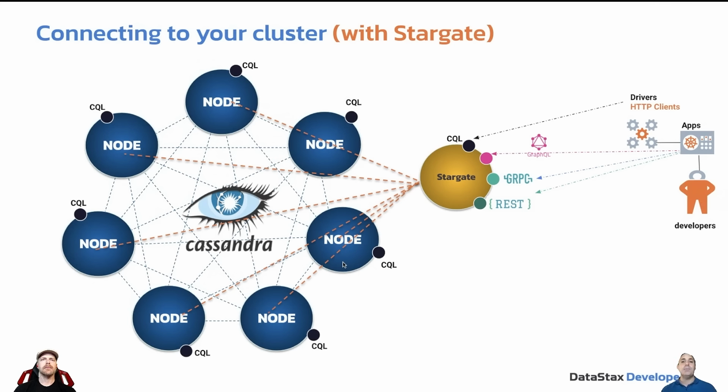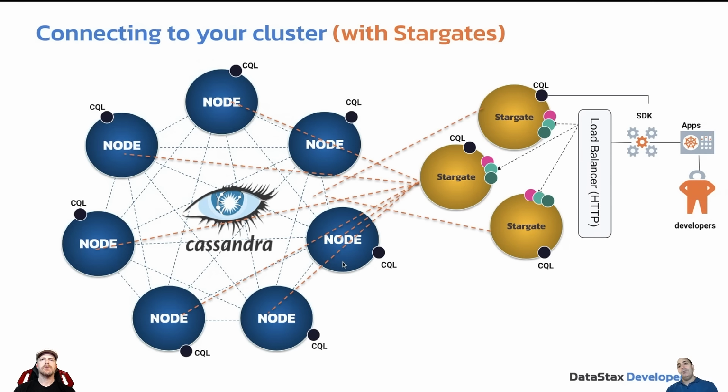Stargate exposes multiple interfaces, I keep saying that, REST, GraphQL, gRPC, SQL, and you can add multiple Stargate nodes if you wish. Now you will have a load balancer in front of the Stargate nodes. And like that, for the first time, you have an easy way to scale only the compute layer. You can make only Stargate scale and not the database.